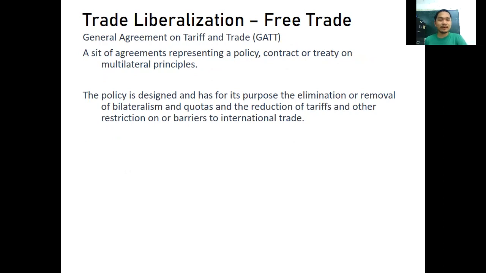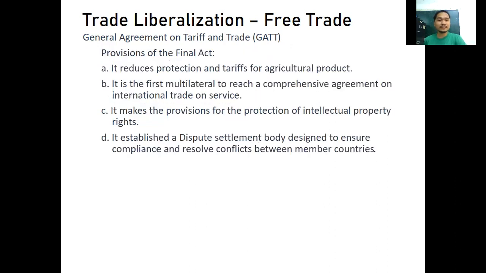It is a set of agreements representing a policy, a contract, or a treaty on multilateral principles. So the policy is designed and has for its purposes to eliminate or remove the bilateralisms and the quotas and the reduction of tariffs and other restrictions on or the barriers to international trade.